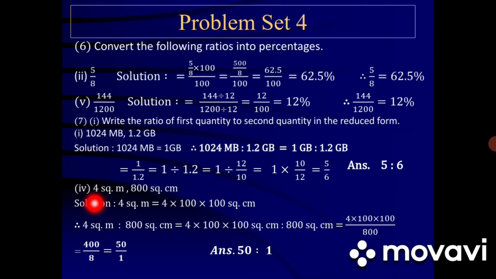Subdivision 4. 4 square meters, 800 square centimeters. Solution: 4 square meters is equal to 4 into 100 into 100 square centimeters.